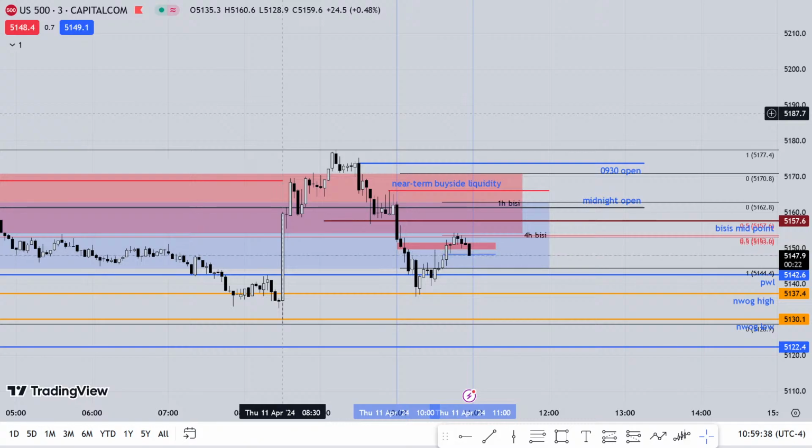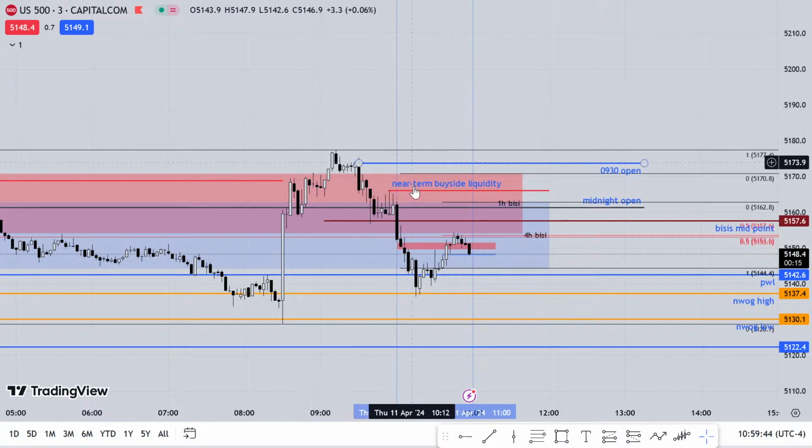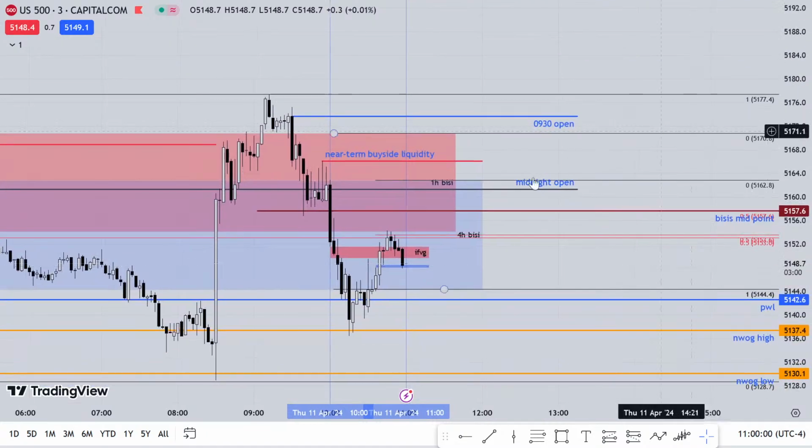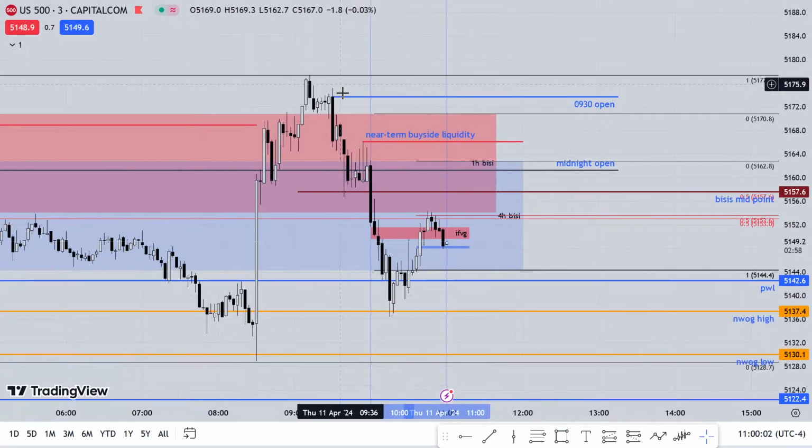Apart from that, I don't see a reason for you to leave it there. So when you have it all marked out like this, and then you watch how price trades within and around it, just take it off because I'm currently not using it for today's illustration and price action.